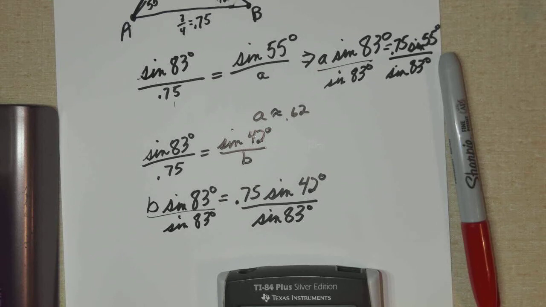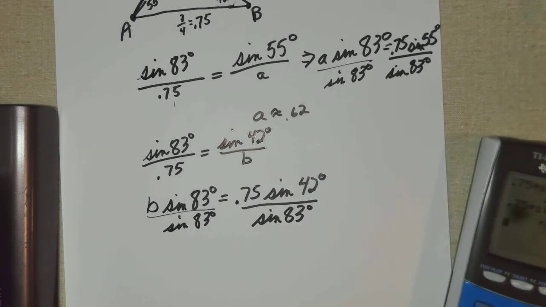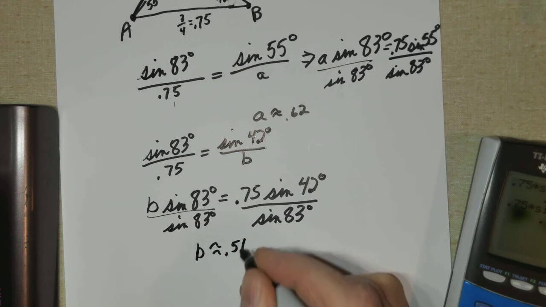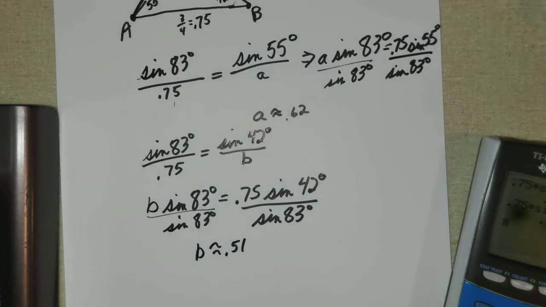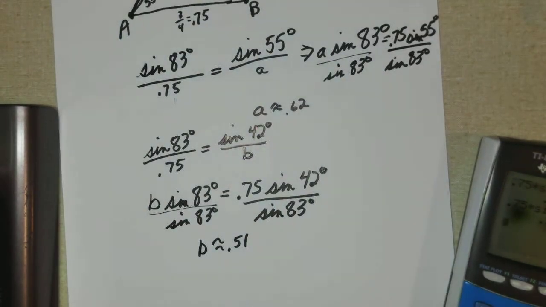Oops. That saves me from having to retype that whole thing. And I get 0.505, so B is approximately 0.51. And that has the triangle solved, 0.51 there.